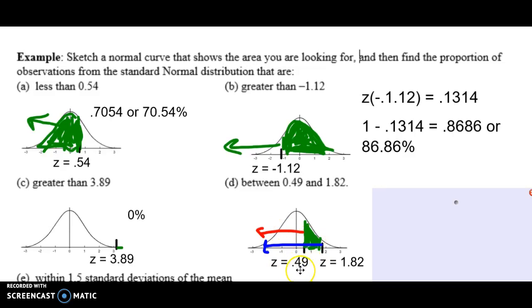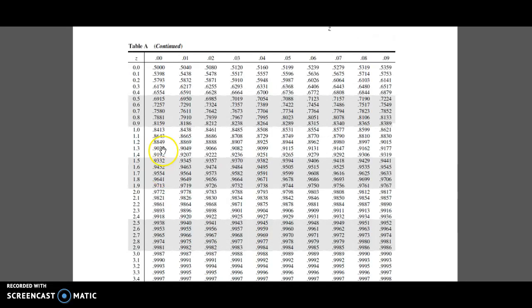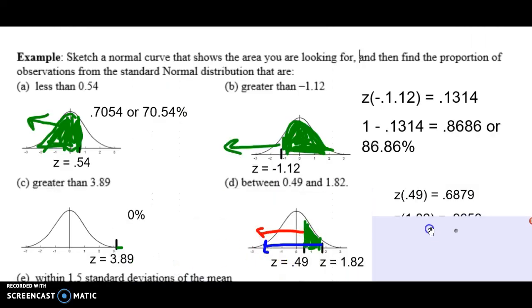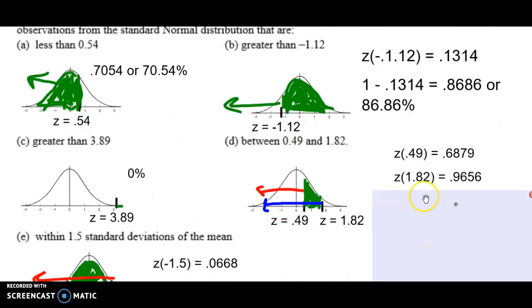So we go to the table and find 0.49 and 1.82. 0.49 is all the way over here at 0.6879, and 1.82 is right here at 0.9656. So we're going to take those two values and we're going to subtract them, and that'll give us 27.77%.